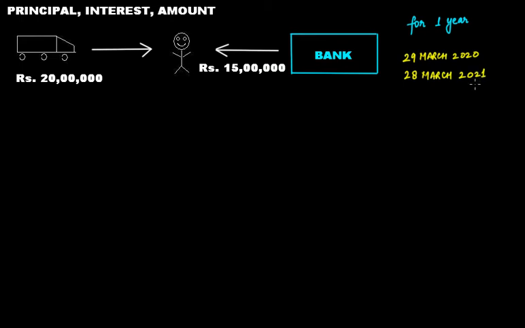But here is a condition that is given by the bank to you, and that is they will charge some amount on this amount given to you. Let's discuss them one by one.